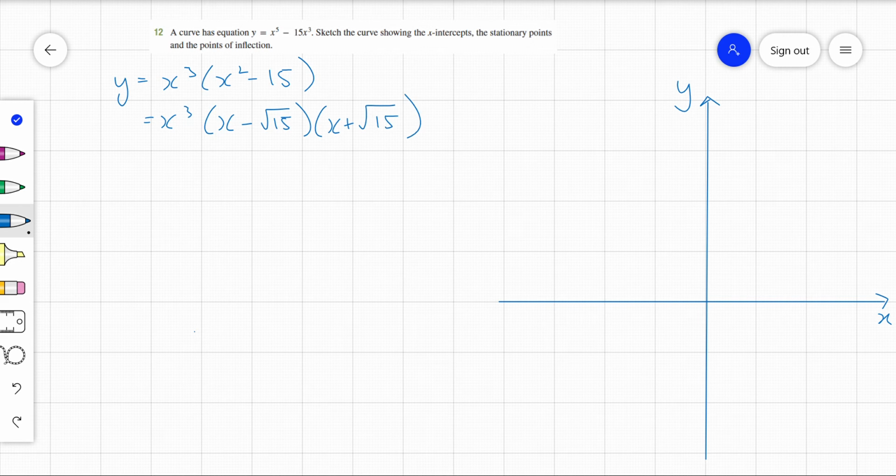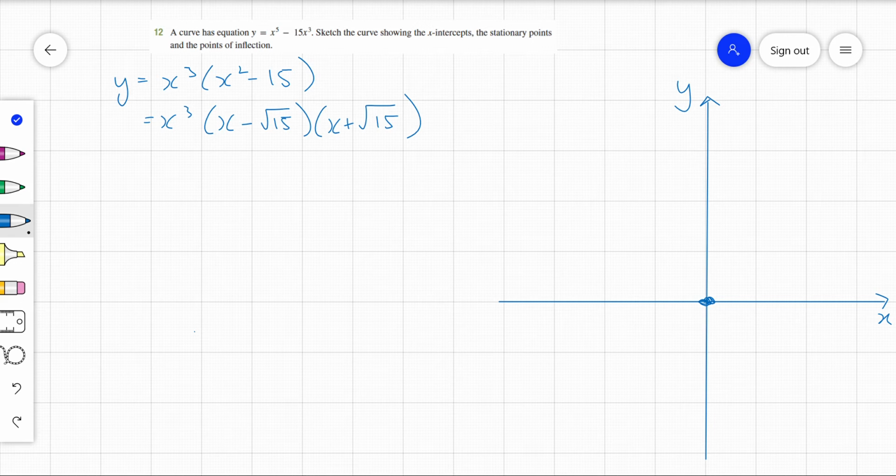Alright, so you can see pretty quickly that x equals 0 gives you an x-intercept, but so does plus and minus root 15. So we know at least, and it's to the power of 5, so we know kind of what's happening there.